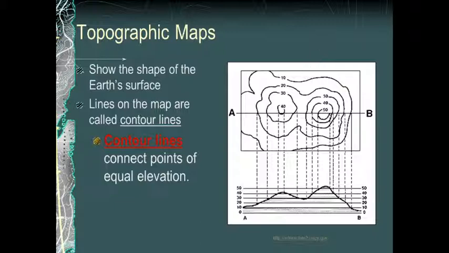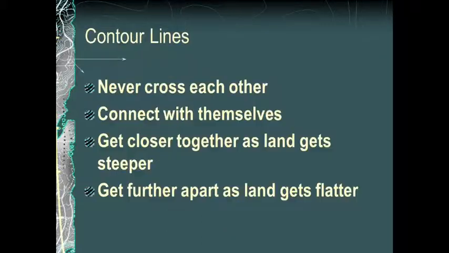Topographic maps do show you the shape of the Earth's surface. Those lines are called contour lines. A little bit more about contour lines: they never cross. Just like when we were doing weather, the isobars never crossed. If you remember, those isobars showed the same pressure throughout.